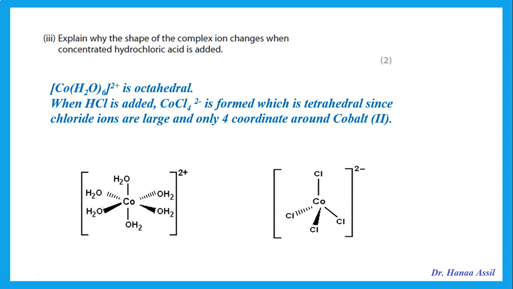Now, why is it tetrahedral? The cobalt water complex is octahedral. But when I react it with HCl, the CoCl4 complex is formed, and that is tetrahedral. This is because chloride ions are large and only 4 can coordinate around the cobalt 2 ion.